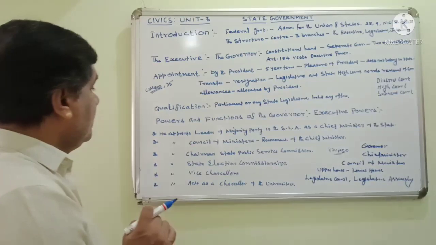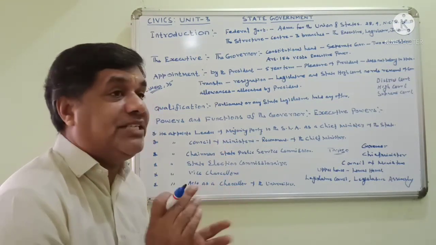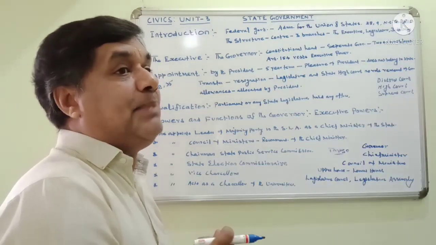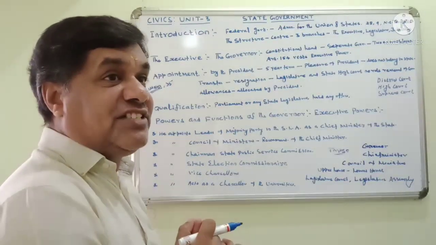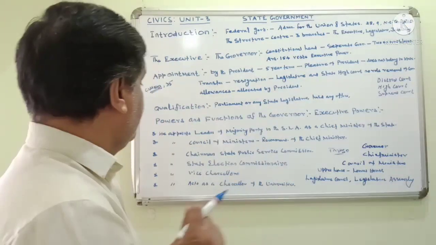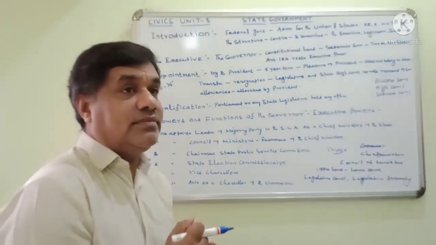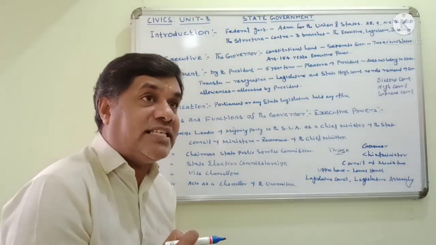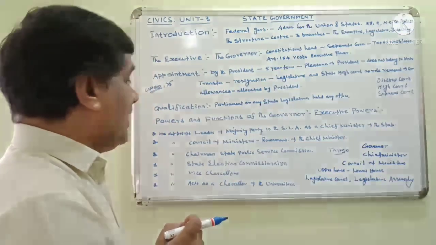Third, he appoints the chairman of the State Public Service Commission, the state TNPSC. The chairman of the State Public Service Commission is appointed by the governor. He appoints the State Election Commissioner, who looks after the election process.